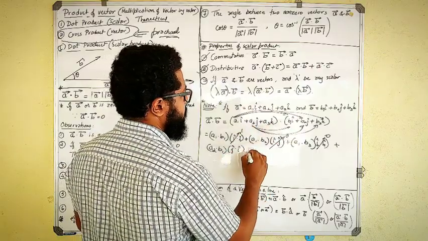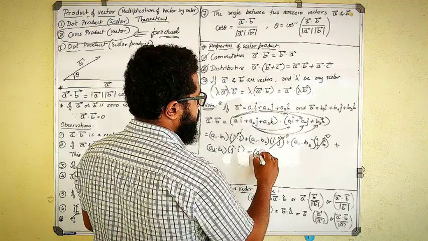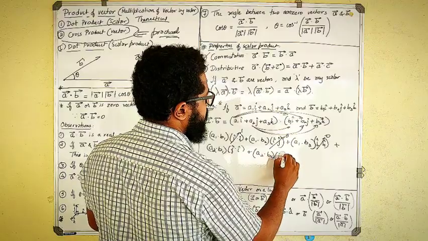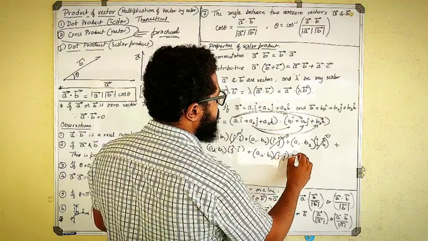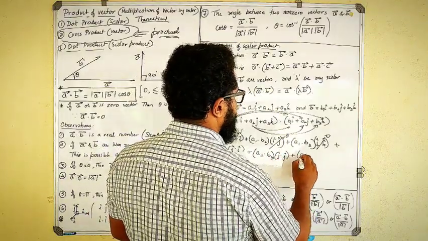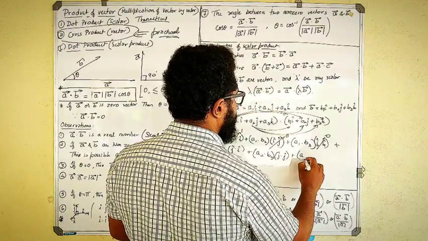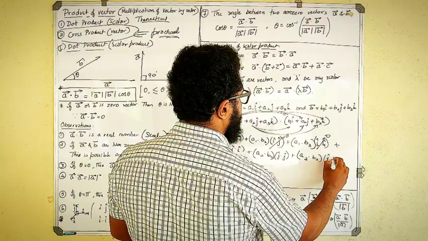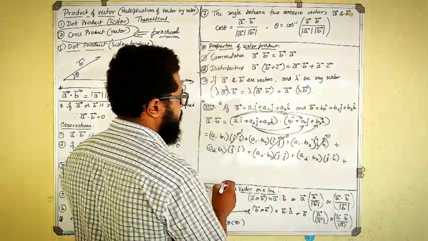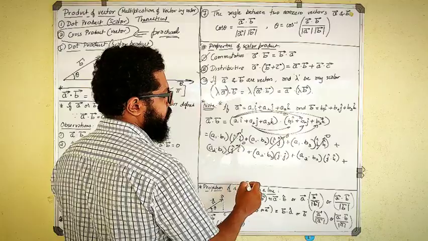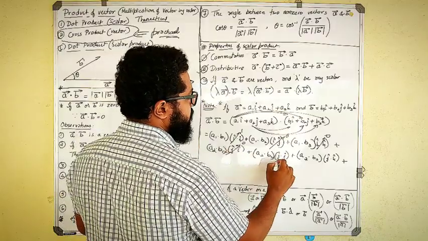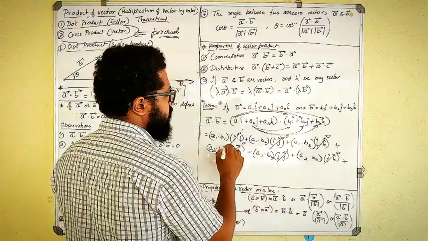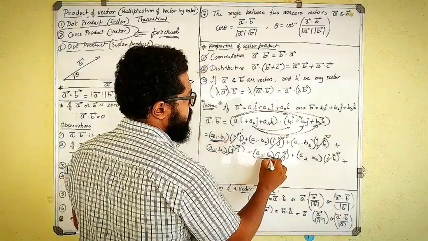Plus A2 B2 into j cap dot j cap, plus A2 B3 into j cap dot k cap. We can see this is 0, which goes, this remains since it is 1, this goes since it is 0. So this is what remains here.